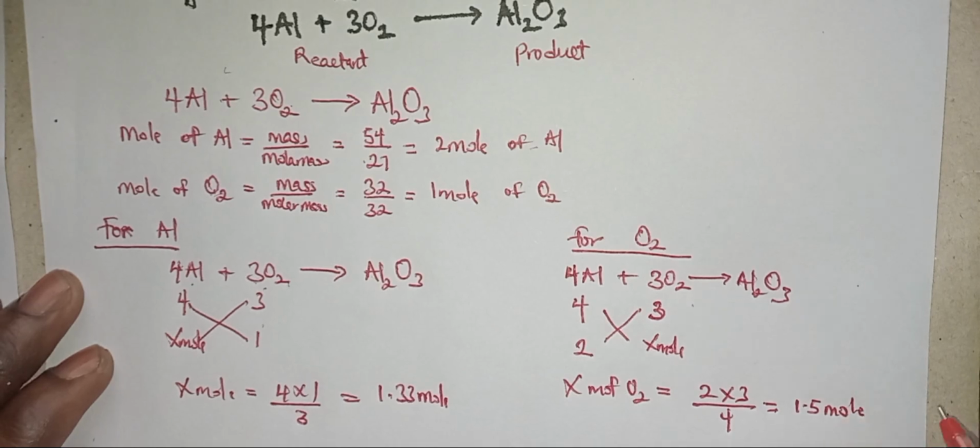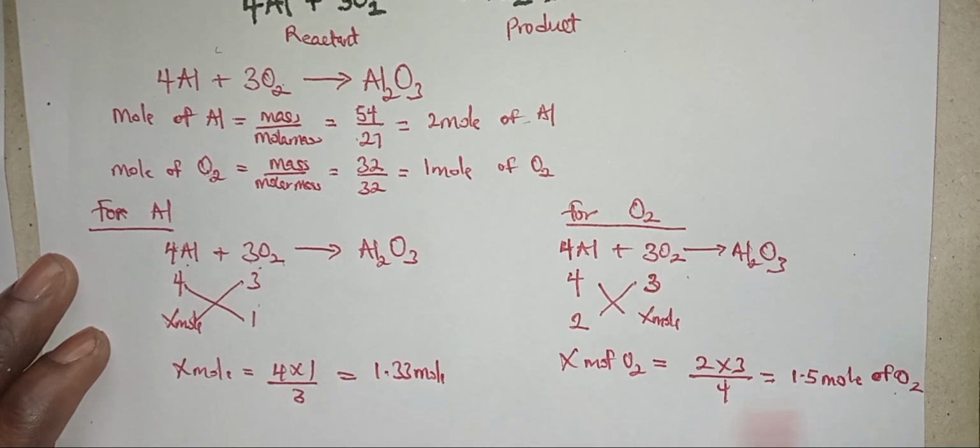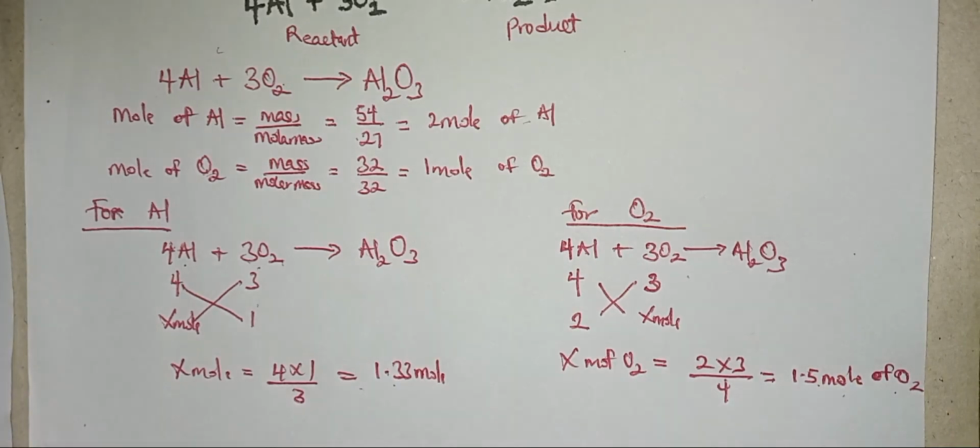Now, after calculating these two moles, we check which one is the limiting reagent and which one is the excess reagent. The one that has the highest number will be our excess reagent, and the one that has the lowest number will be our limiting reagent.